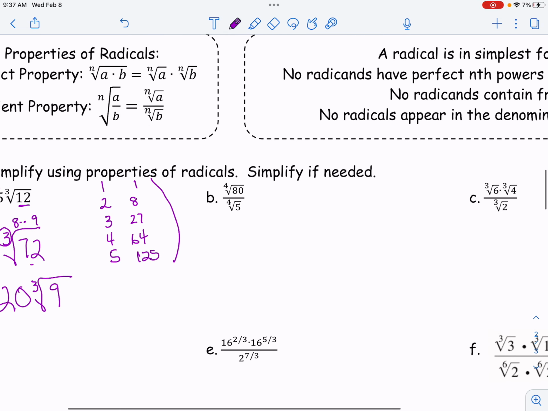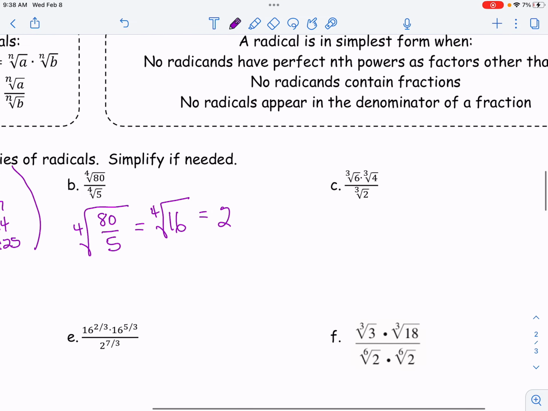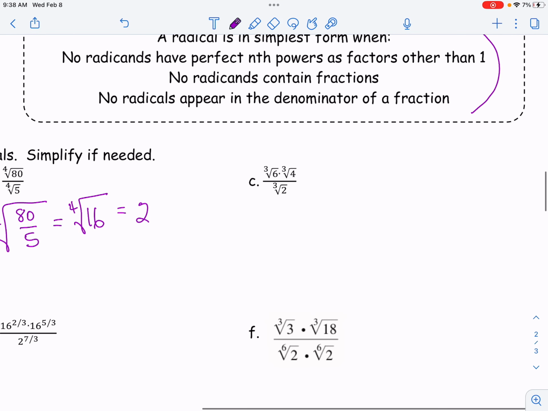If you have the same number in the index, they're both fourth root, I can put them under the same radical and simplify first. 80 divided by 5, that's 16. The fourth root of 16 is 2. If it's the same number in the index, put them under the same radical.